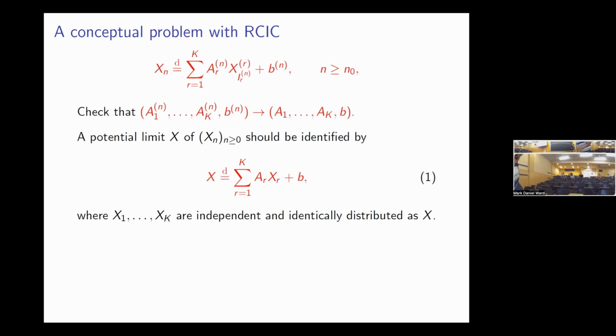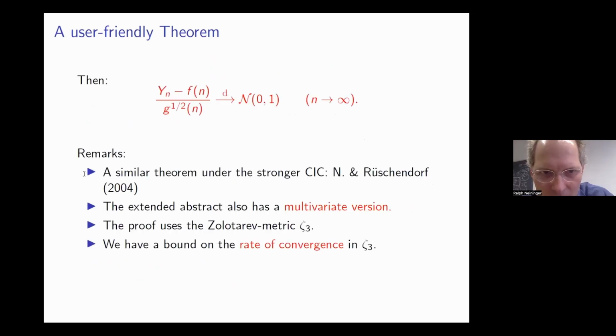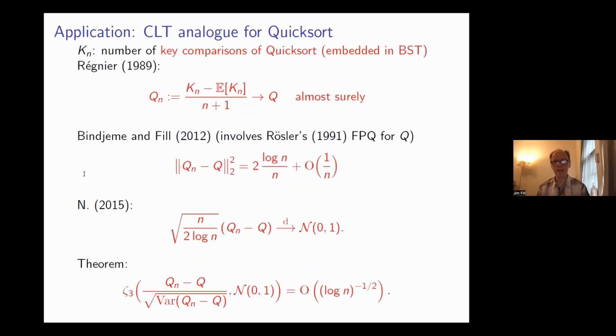I have a quick question, Ralph. Your Qn theorem, Qn minus Q, can you get to that? Which one? The Qn minus Q. The quicksort residual. Yeah. This strikes me as a strange result. Are you saying that Qn minus an unknown distribution converges to a known distribution?